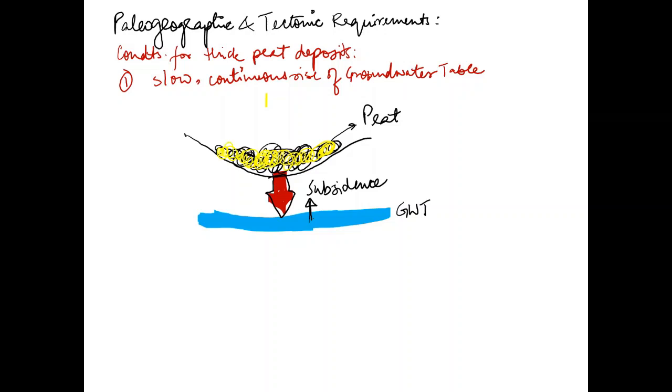So the first thing is that the slow and continuous rise of the groundwater table, it protects the peat from subsidence. That is why groundwater table should rise continuously but slowly. Protects peat from subsidence. Okay.